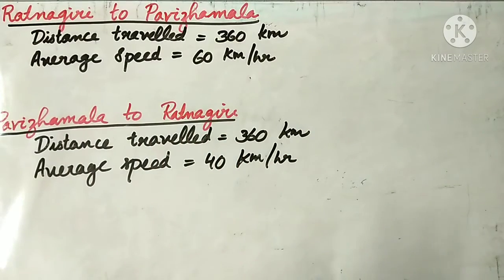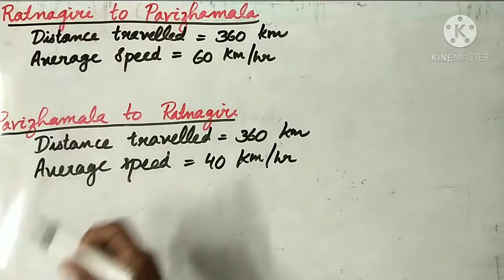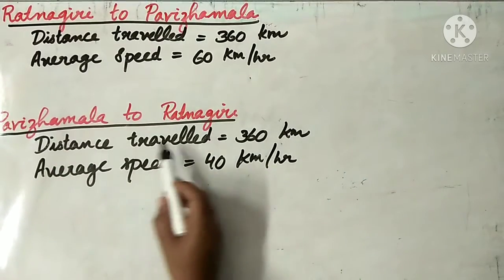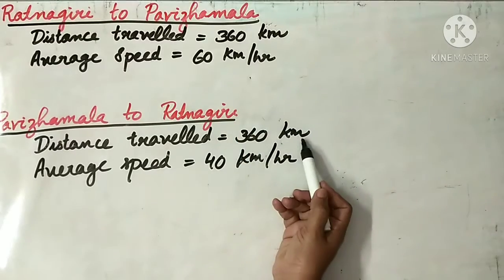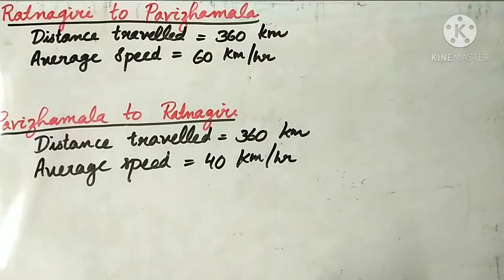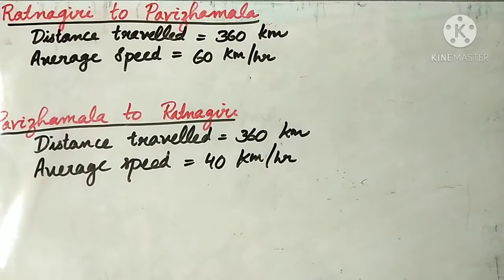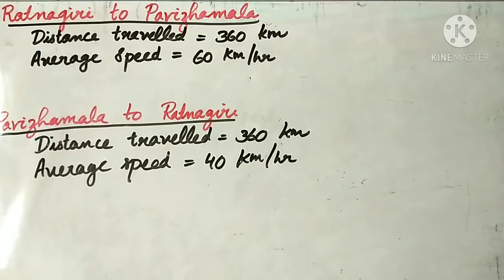And they managed only 40 kilometers per hour during the return trip. When they came back from Pavidamala to Ratnagiri, distance travelled is the same 360 kilometers, but they travelled only at an average speed of 40 kilometers per hour. We have to find the average speed of the entire trip.